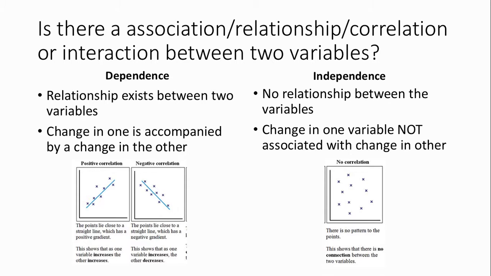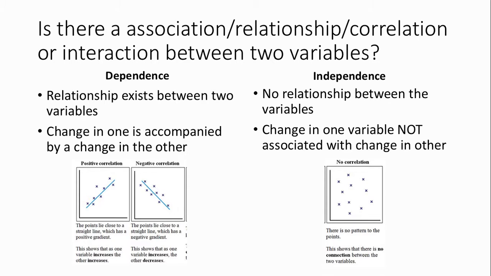Another way is we may be looking at whether there is an association, relationship, correlation, or interaction between two variables. Meaning, we're talking about dependence or independence. When we say there's dependence, that means there's a relationship where one depends on the other.